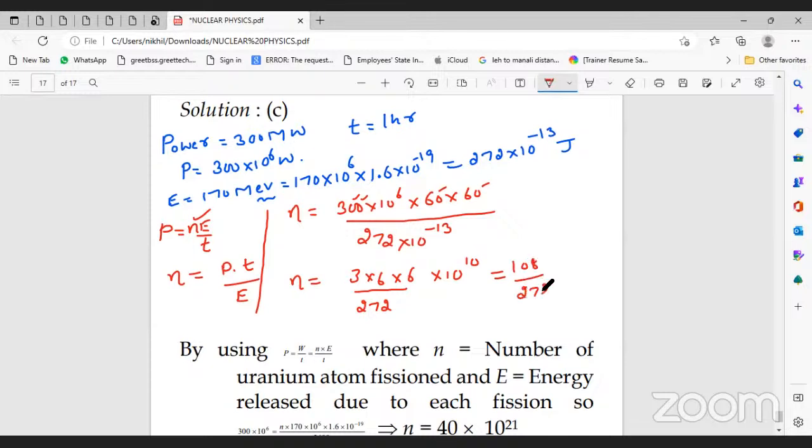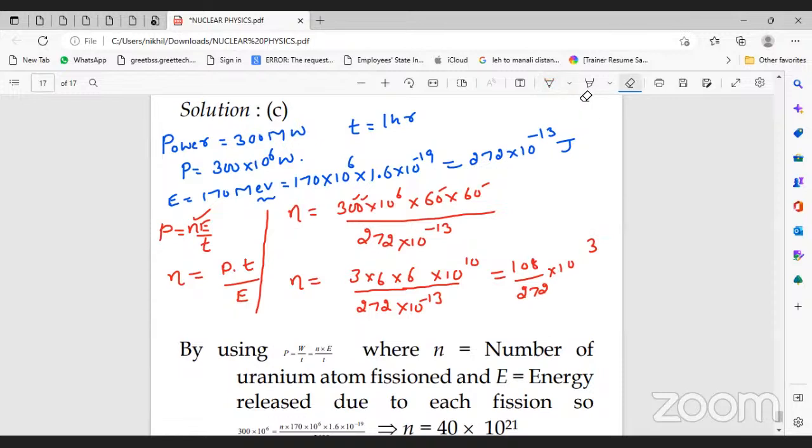108 divided by 272 into 10 power 10. I'll keep this 10 power minus 13 as it is. If I shift 10 power minus 13 to the numerator, it becomes 10 power 23.